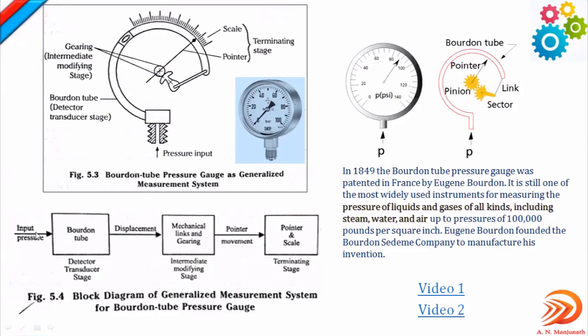The input signal is pressure. Then comes the displacement, meaning displacement of this particular Bourdon tube. We can observe this animation. P represents pressure. Once the input signal is sent, this Bourdon tube, a flexible tube, is displaced because of the pressure exerted into it.